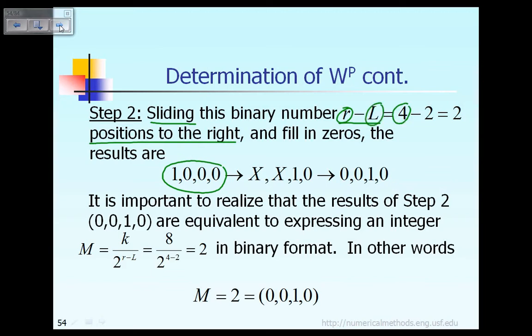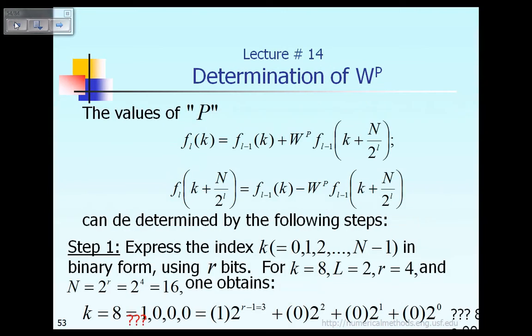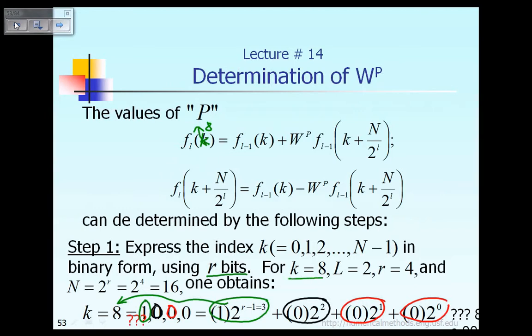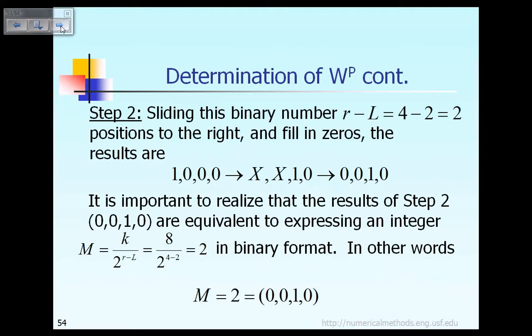Capital L is the level, let's say level 2, because if you look at the previous slides, we assume k equal to 8, level equal to 2, r equal to 4, and n equal to 16. Okay? So after we get the binary number 1, 0, 0, 0, corresponding to the value of 8, we slide that by r minus l, which is equal to 2, positions to the right.